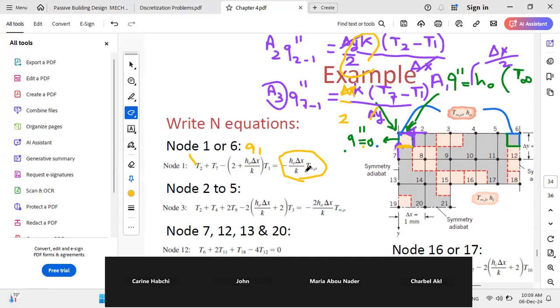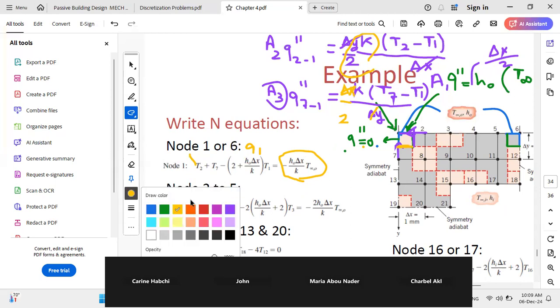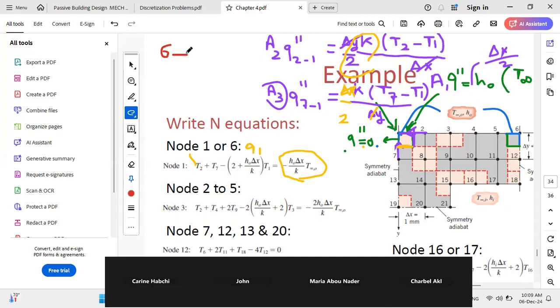If we want to deduce from this energy equation what the equation for cell 6 will be, we say point 6 is equivalent to point 1. While if I consider point 7 for cell 1, it is equivalent to point 12 for cell 6. So I need to replace 7 by 12.